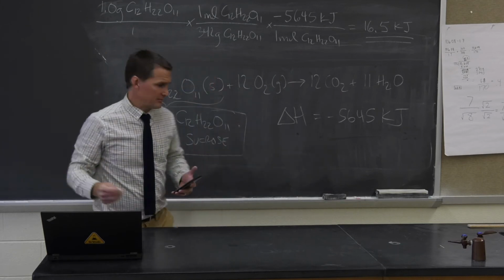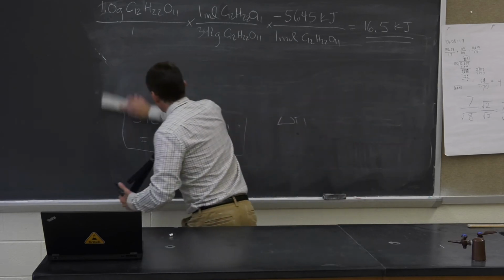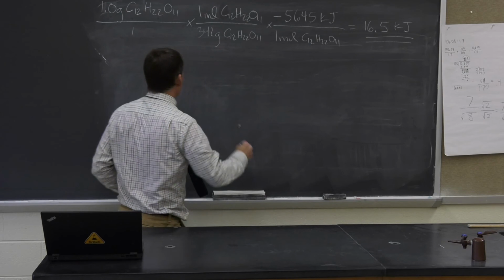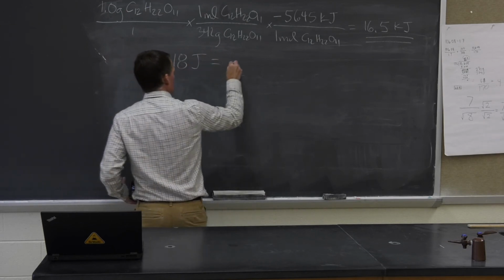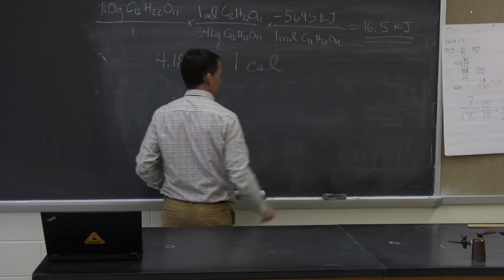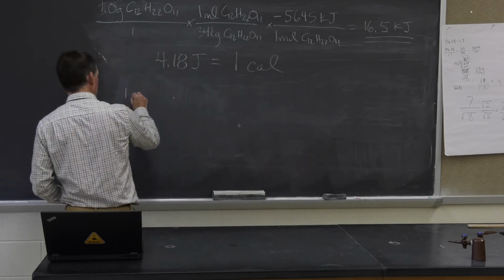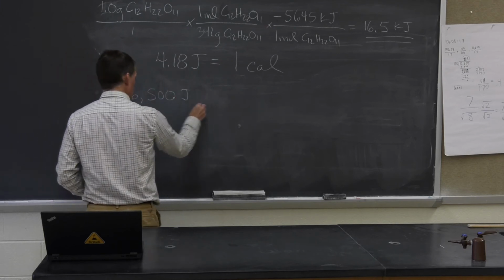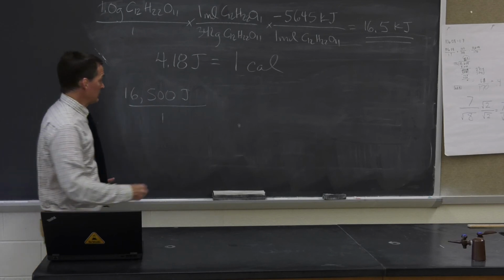Well, what's that in calories? Do you remember the conversion between joules and calories? If not, 4.18 joules is equal to 1 little c calorie. So I'm going to go ahead and write this 16.5 kilojoules as 16,500 joules. That's the same thing as 16.5 kilojoules.